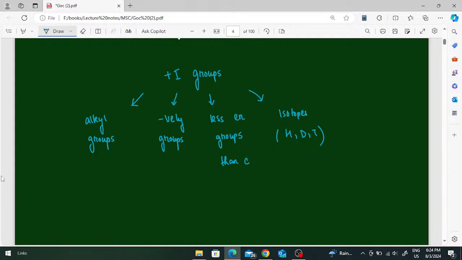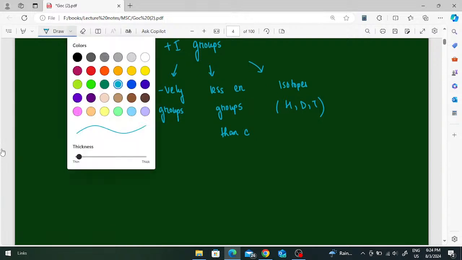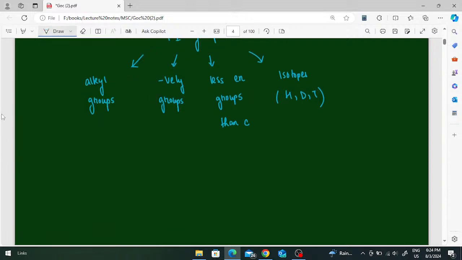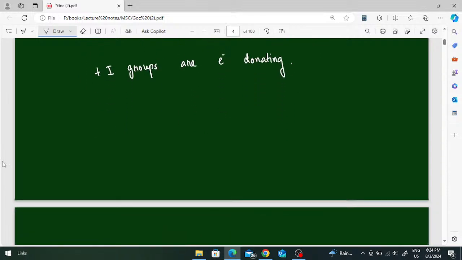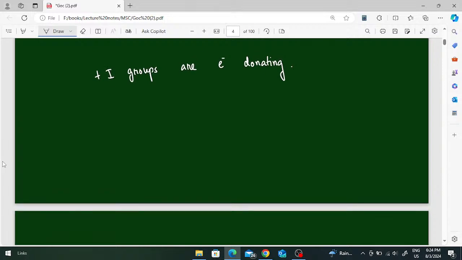So plus I groups are electron donating. For example, let's talk about the OH group.